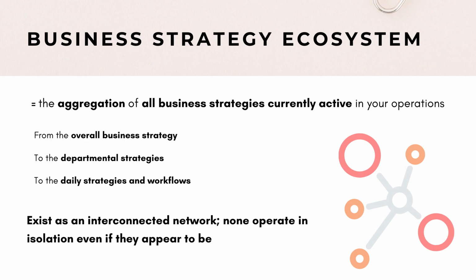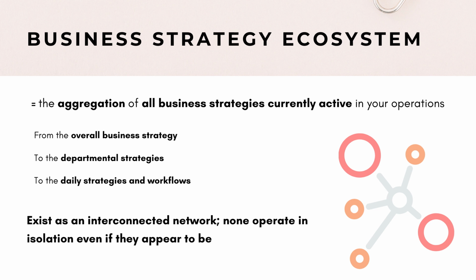So first and foremost, what exactly is the business strategy ecosystem? It is the aggregation of all of the business strategies that are currently active within your operations. And that might be the overall business strategy, right down to the departmental strategies, right down to the daily strategies and workflows. These strategies exist as an interconnected network.